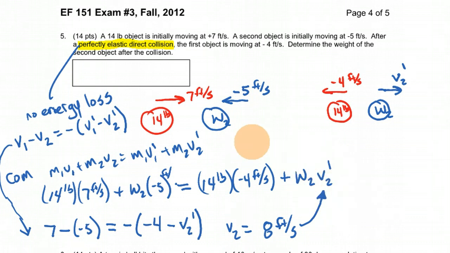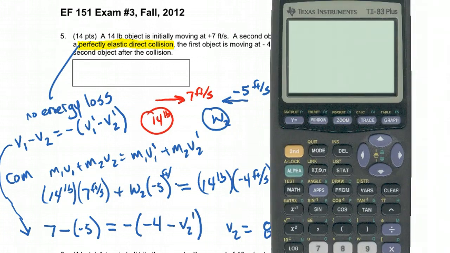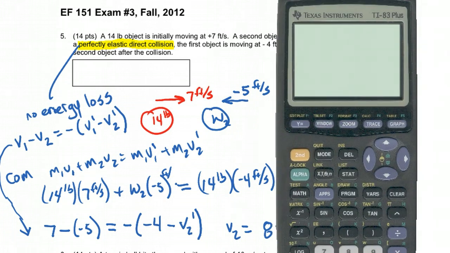So I'm going to do that in the solver. Okay, so I'll clear that out. So I'm working with this equation right here, 14 times 7 plus my unknown times minus 5.